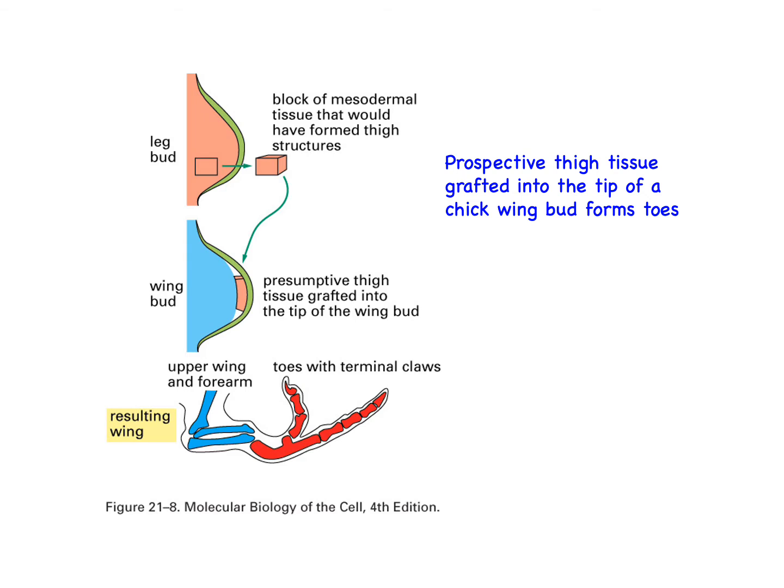So those cells developed into foot-like structures rather than wing-like structures. Again, this is a case where the cells were moved after they were determined or fated to be a particular tissue, so they were no longer responsive to signals from the surrounding tissues.